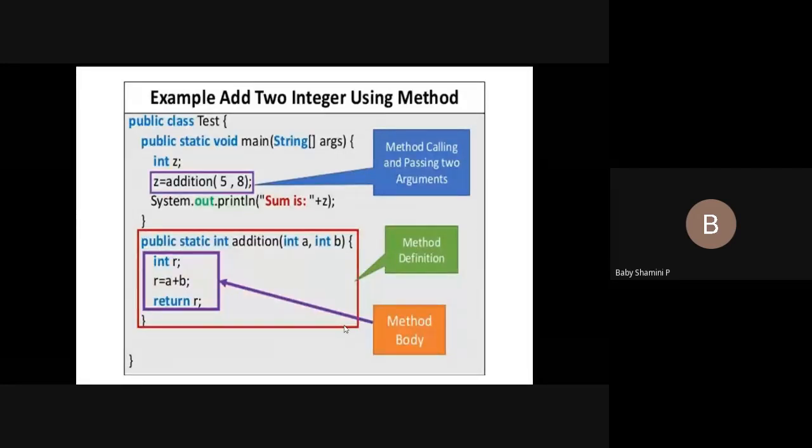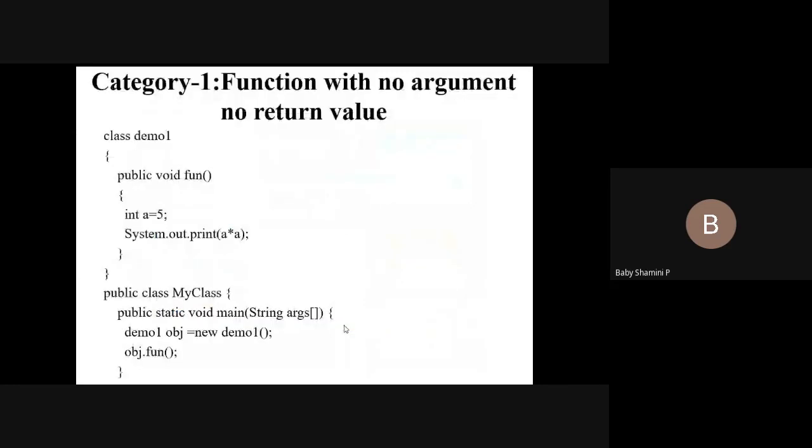This function definition is present only inside the class Test, so no need to create an object to access it. But here I already created class Demo1. Under this we have a method definition, public void fun. This is a function definition.